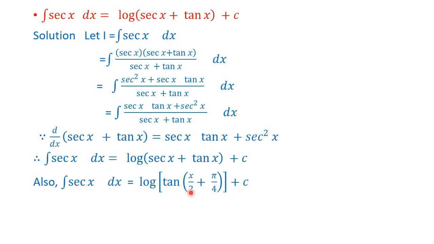This result is also very important as well as very easy to simplify and to prove. You can prove this one. Take the reference from the textbook. Now go to the next one.